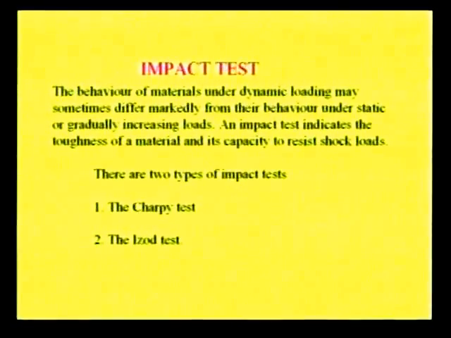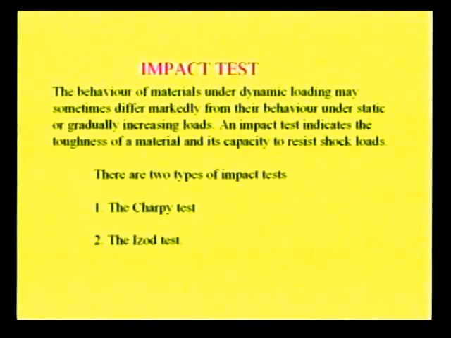Whereas in the impact load, the load is dropped from some height. That means the intensity of that load depends upon the height from which it is dropped. If it is dropped from 5 meters, the effect is somewhat different. If it is dropped from 10 meters, the effect is different, increased, so the height from which the load is dropped is the main criterion in the impact test.